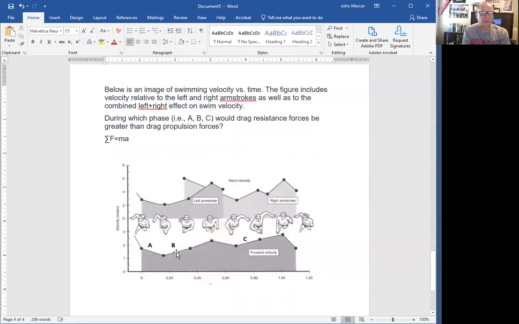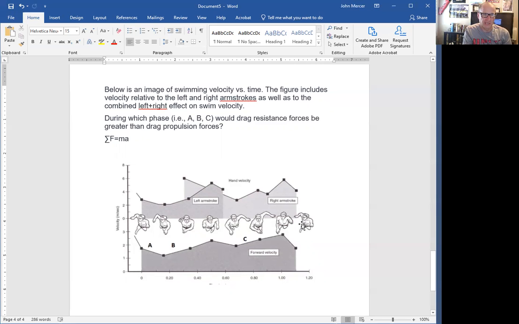So negative acceleration, positive acceleration, negative acceleration, positive acceleration, positive acceleration, negative acceleration. In words, describing the change in velocity, we have slowing down while moving forward, speeding up while moving forward, speeding up while moving forward, slowing down, moving forward, speeding up, moving forward, speeding up, moving forward, and slowing down, moving forward.